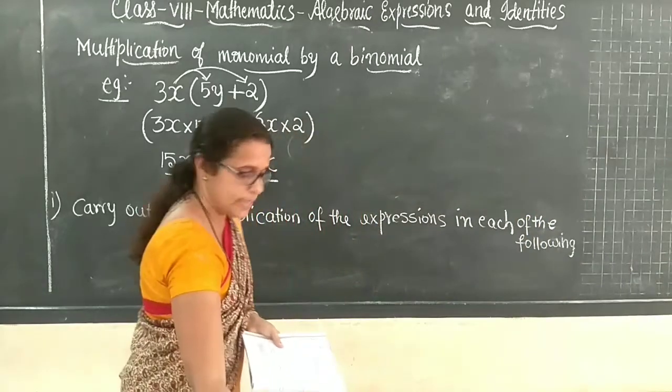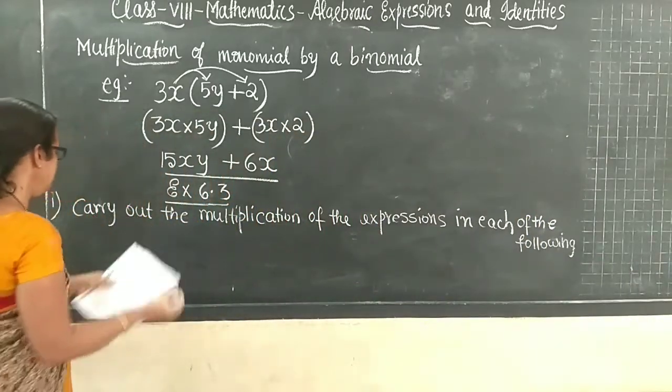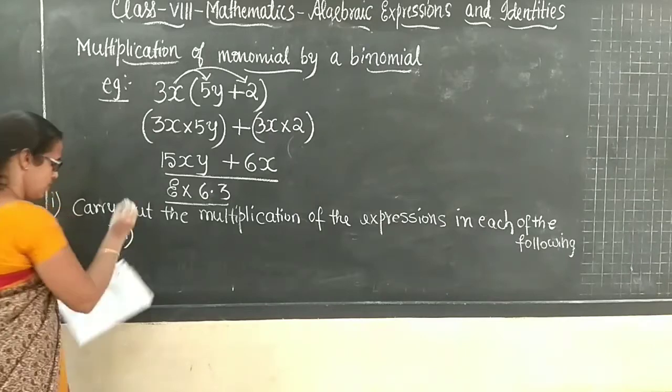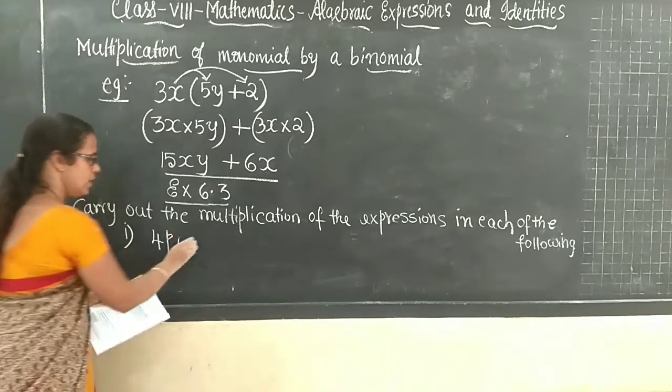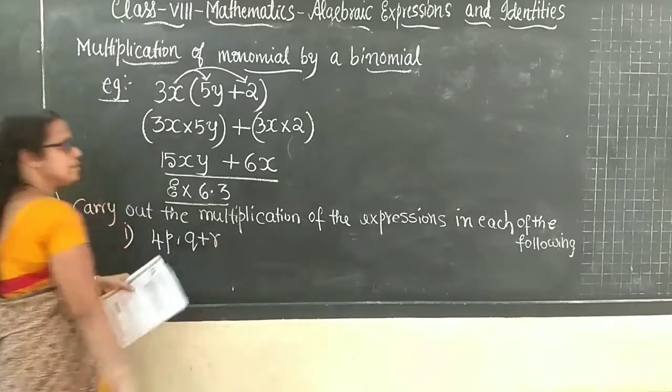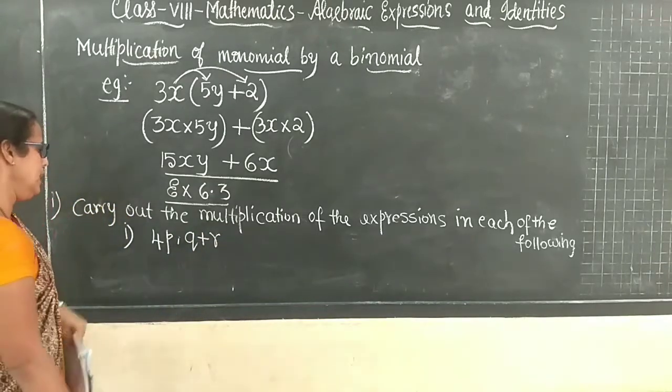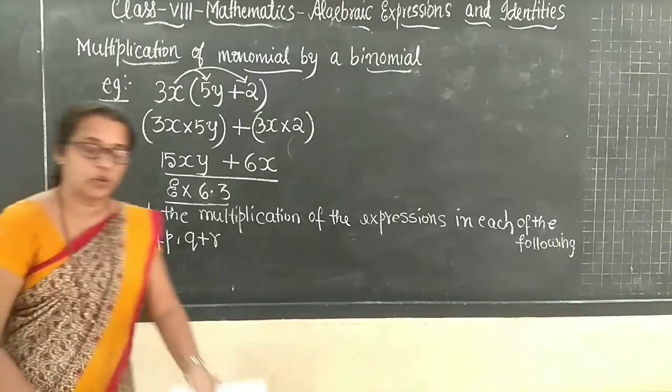Okay, so now let us see how to do it. The first one, 4p into q plus r. 4p into q plus r.